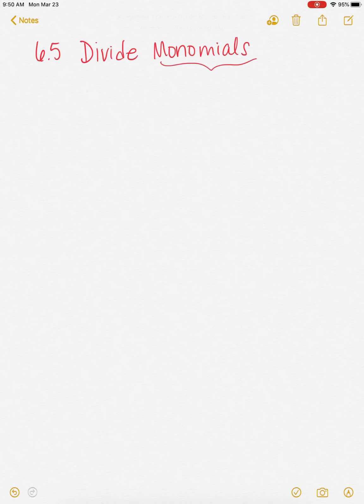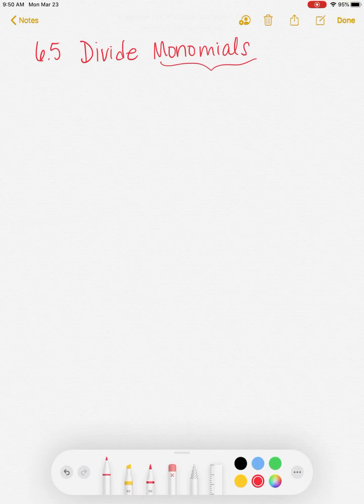Last section, we actually multiplied monomials. Just as a quick review, if we had some base a raised to the m power times some other base a to the nth power, the rule was that we would add those two.